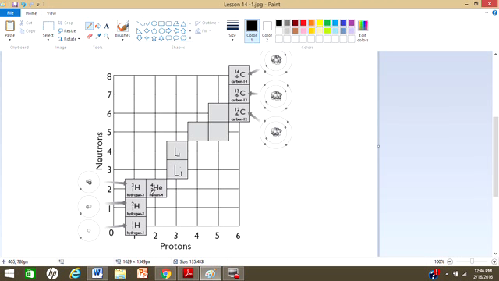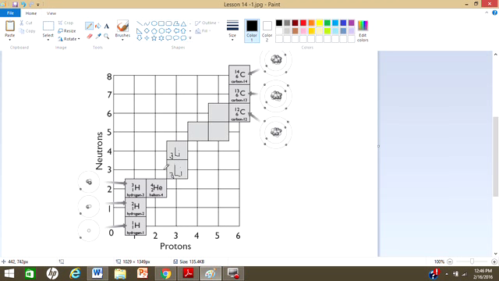If we're going to do the same exact thing and write symbols for these like we did, we know that the bottom number is the number of protons. So we'll write a 3 here. Wow, that's a really bad 3. And a 3 there. Hopefully you guys are writing these and not waiting till we're all done, because you won't be able to read my writing. So 3 there and 3 there. Now, the atomic mass is the protons and neutrons together.